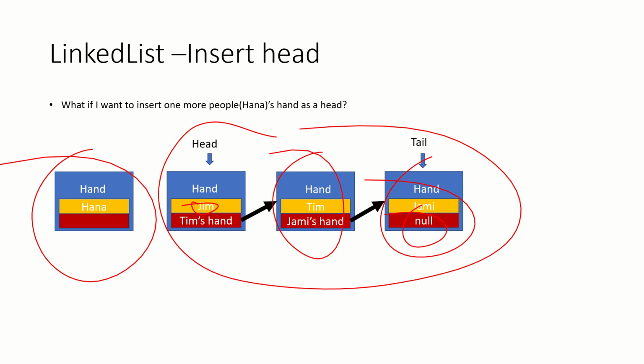So Hannah's next one should be the head, which is James' one, right? Once we know the James one, they would link together. The last step in this linked list, we should let Hannah know you are the head.